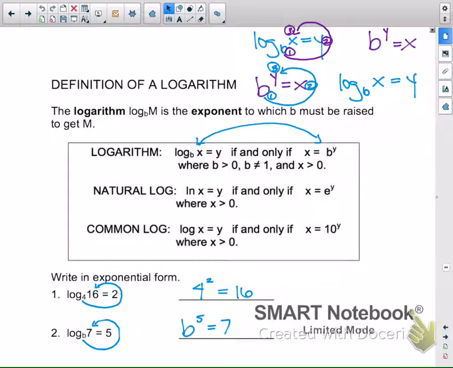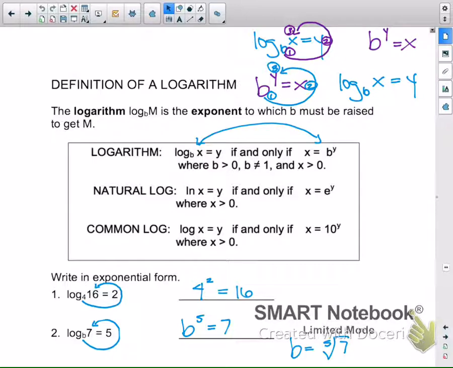Now this has nothing to do anymore with logs. How would you get b by itself? How do you get rid of a 5th power? 5th root it, right? A lot of the stuff we're going to do in this chapter, we're not even going to get full answers for. You would just tell me b is equal to the 5th root of 7, and that would be good enough. So by knowing that simple loop, it allowed you to solve for the b where you couldn't get at it in the log. That is really the point of this.